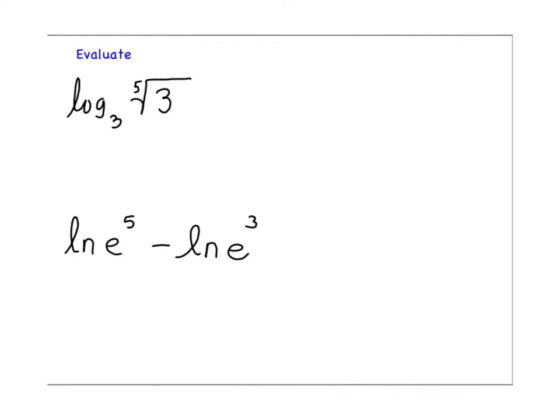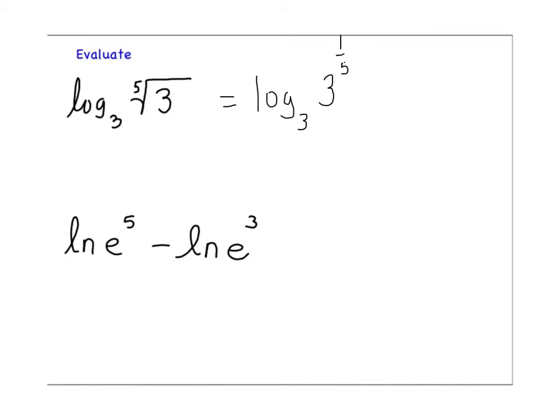All right, we'll use these properties to evaluate these logarithms. The first one we want to do is the log to the base 3 of the 5th root of 3. So we're going to rewrite this as log to the base 3 of 3 to the 1/5 power.